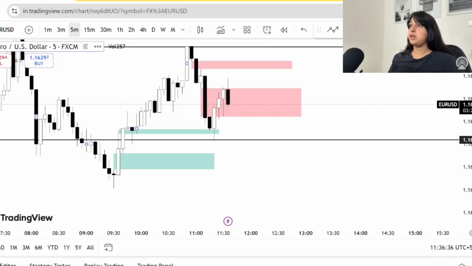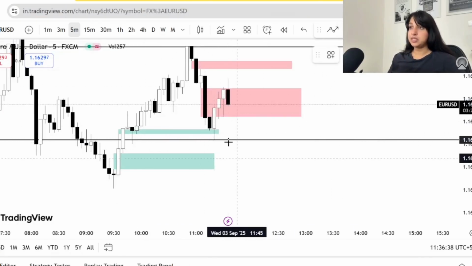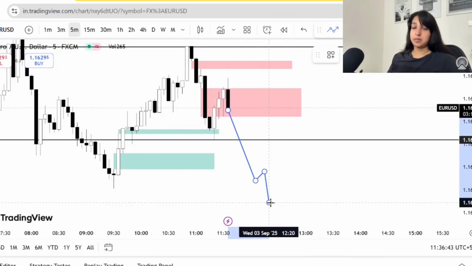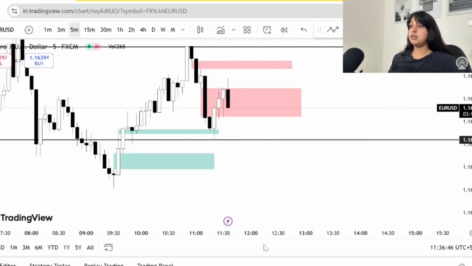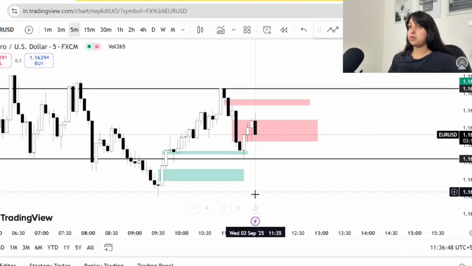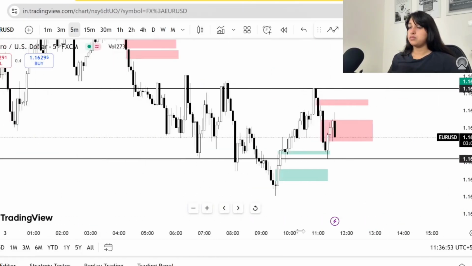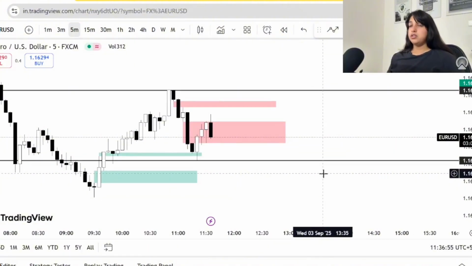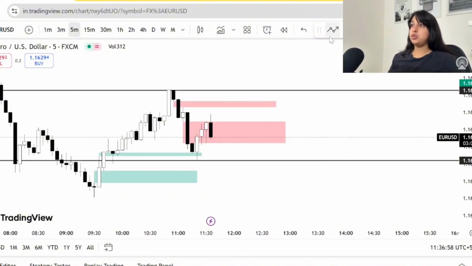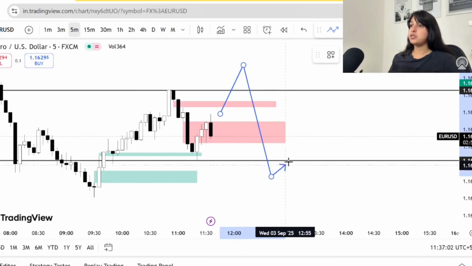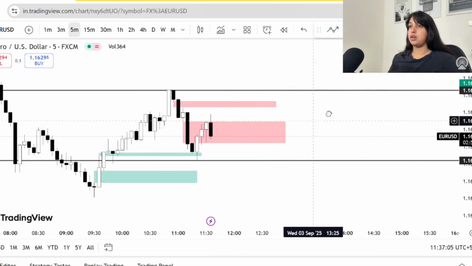But if we see that the low of this candle is being broken, then potentially we can see some kind of bearishness. Until then, let's see. So we are just going to wait to break these highs or these lows first of all, and then we're gonna plan accordingly.